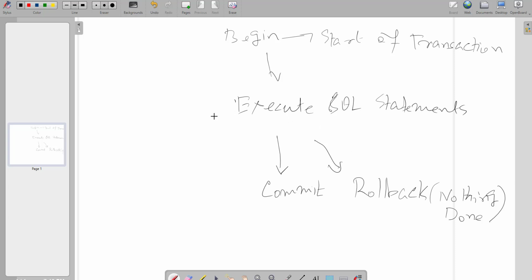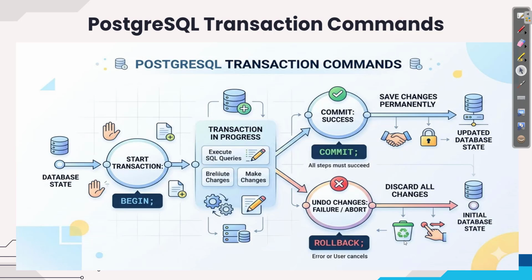So if it contains multiple statements from 1 to n, and all succeeded, then we commit the database transaction, otherwise we will roll back all these things.